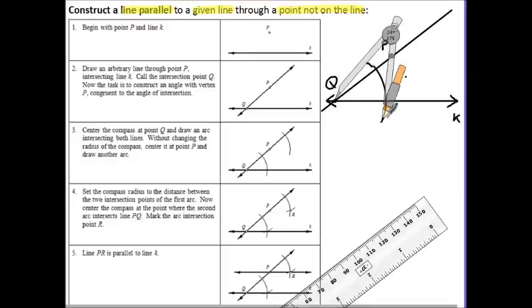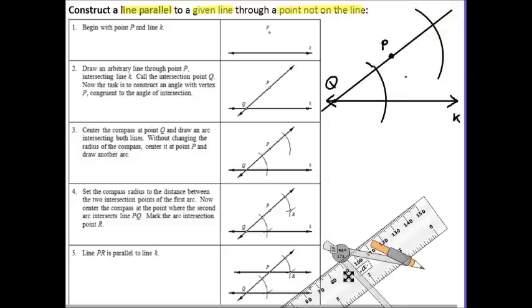An arc that crosses both lines, and now without changing the width of my compass, I'm going to move that compass to point P and also draw an arc at point P, which has a similar size. Okay, so see that the arc that you drew from point Q has to cross both lines. The one from point P doesn't have to cross the bottom line, but it has to definitely go further down than point P itself.